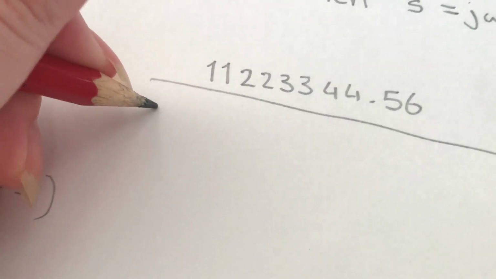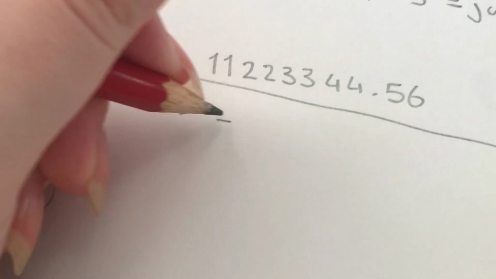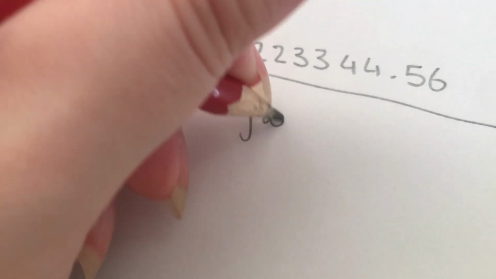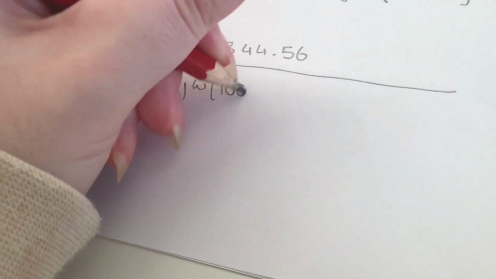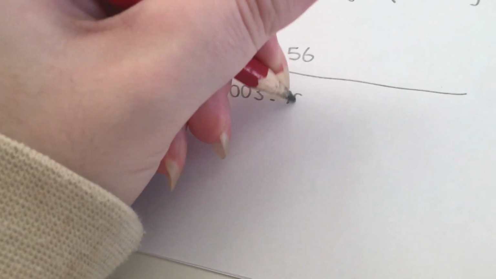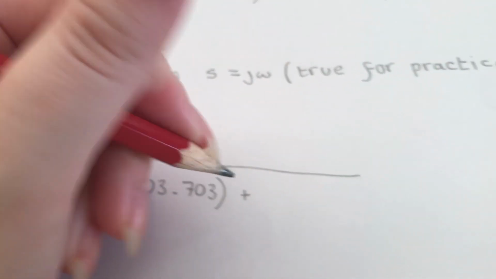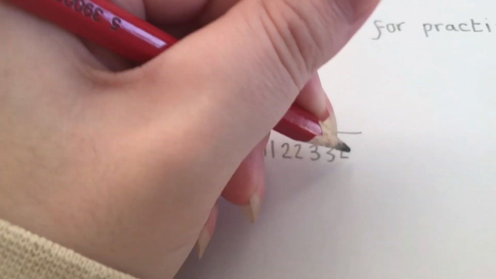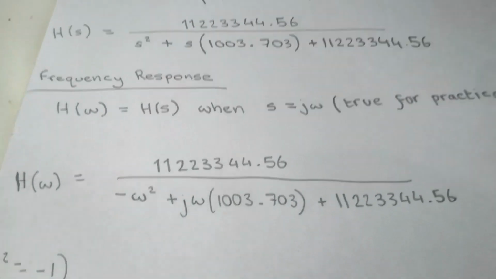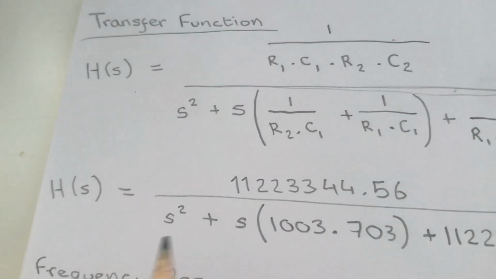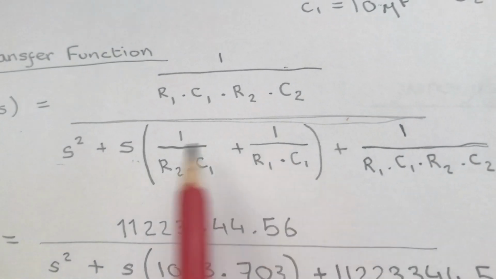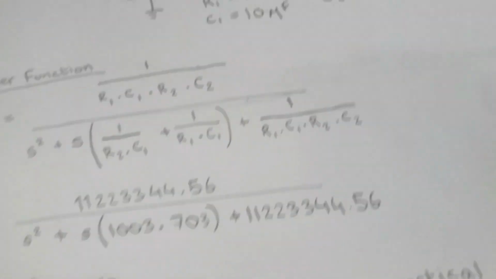So we can just put in minus w squared plus the s will go to jw by 1003.703 plus 11223344.56. So that's our frequency response of our system, and it'll be the same as this, except it's just minus w squared plus jw by all this stuff if you're using different values.